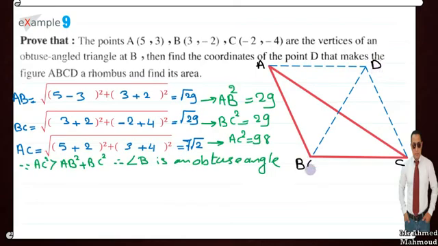Okay, B equals 5 and 3, C equals 3 and negative 2, oh, this is A. B 3 negative 2, C negative 2 negative 4, and A is 5 and 3.